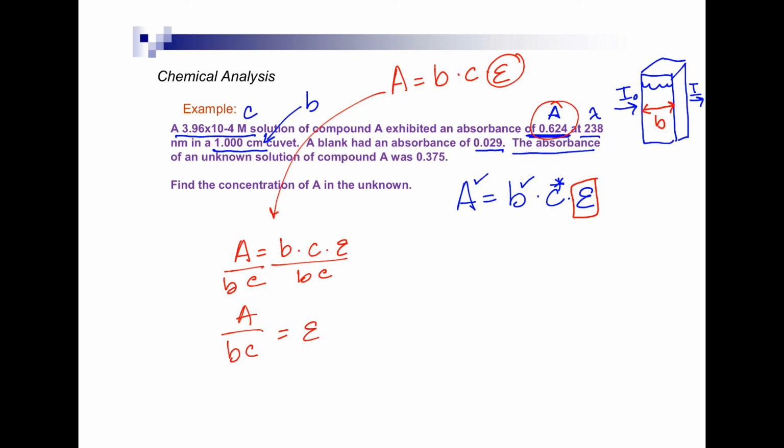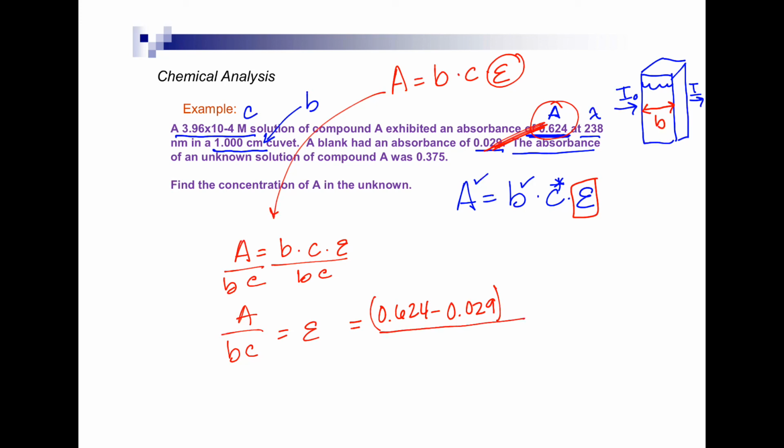So I have my absorbance, but remember, we need to subtract out the absorbance of the blank. So when I set that up, it's going to be 0.624 minus 0.029. So that's the absorbance of our concentration that we know minus the blank.